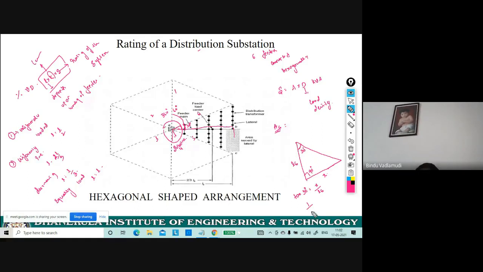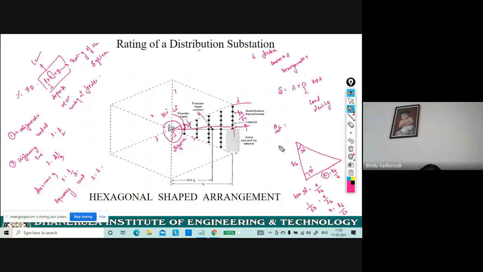What is the value of tan 30? 1 by root 3 is equal to x by L6. So x is equal to L6 by root 3. So can I say from here to here, this distance is L6 by root 3? Is it clear?